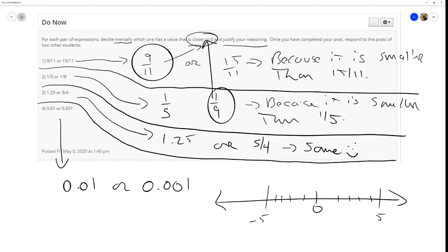So if I cut a pizza into 100 pieces and I cut a pizza into 1,000 pieces and I had 1 out of 100, 1 out of 1,000, which is smaller, that would be 0.001. And if it's smaller, it means it's closer to 0. Okay? That was pretty good for that one. All right, let's keep going.